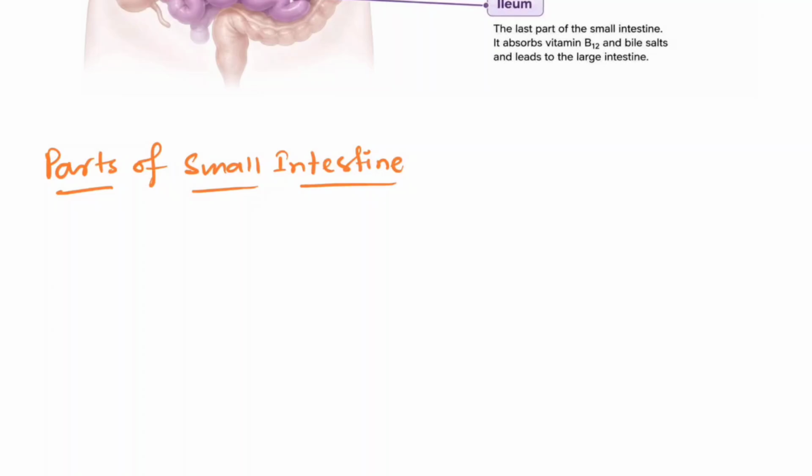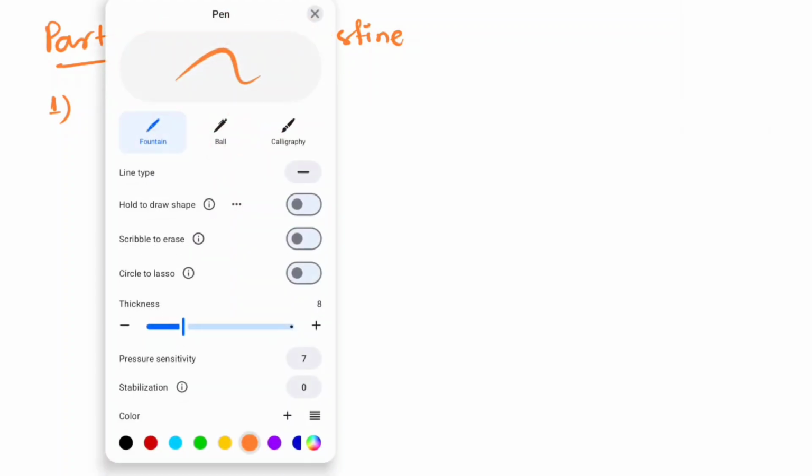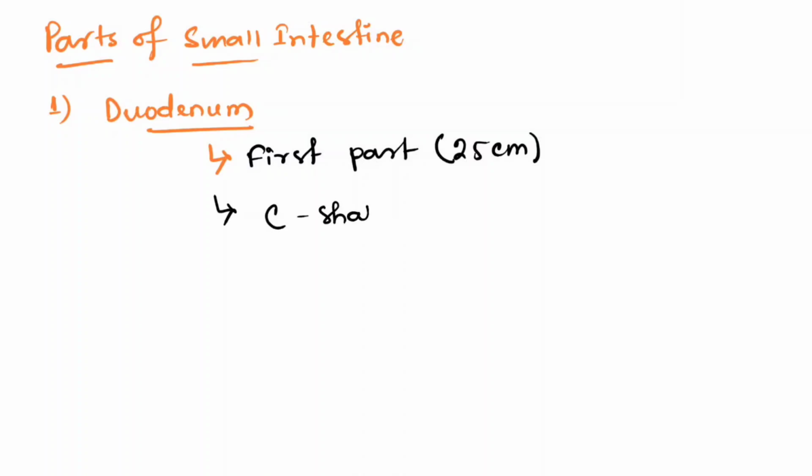Parts of the small intestine. Mainly the small intestine is divided into 4 parts. First one, duodenum. It is the first part, approximately 25 centimeters. Next, it is a C-shaped structure.